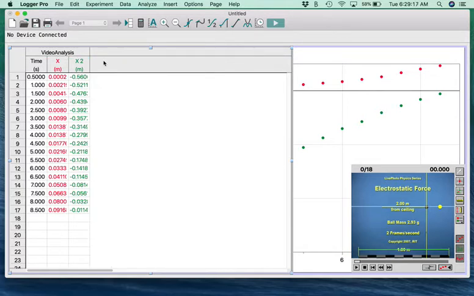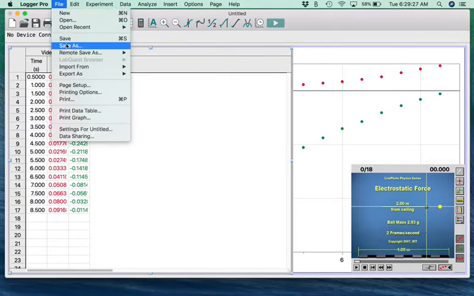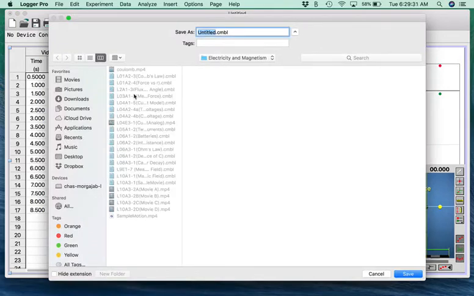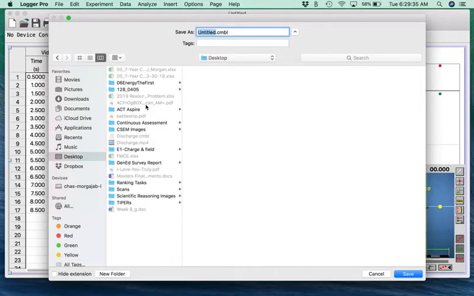So now I'm down to just my X positions for the two objects that are moving, and the time. I'm going to go ahead and save this. You can save any of these files. They save as CMBL files, and then they reopen in LoggerPro if you want to work on them later.